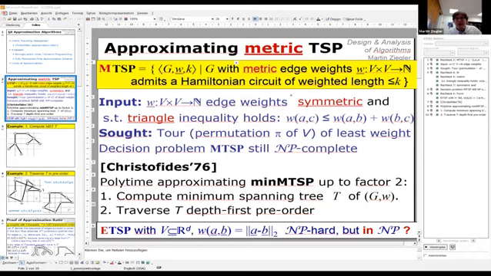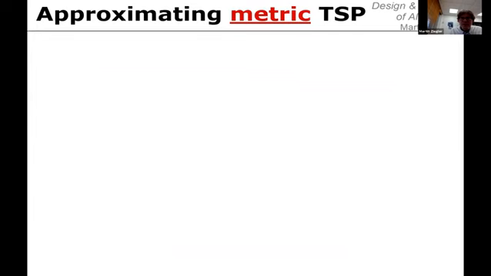So we've talked about approximation algorithms. Right, here we are. And we've designed and analyzed an approximation algorithm for the metric traveling salesperson problem.